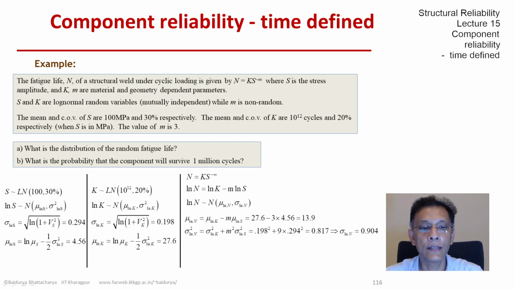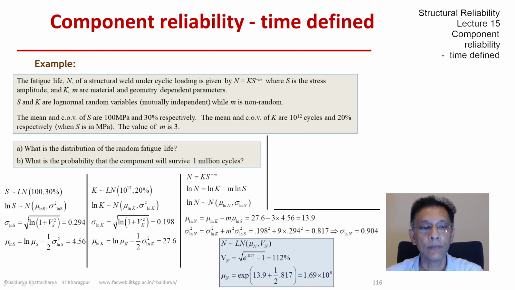So the mean of log n is 13.9 and the variance of log n is 0.904, and that would give us the mean of n and the coefficient of variation of n, which happens to be about 112%, so very large coefficient of variation, and a mean life of about 1.7 million cycles, and that n is a log normal random variable.